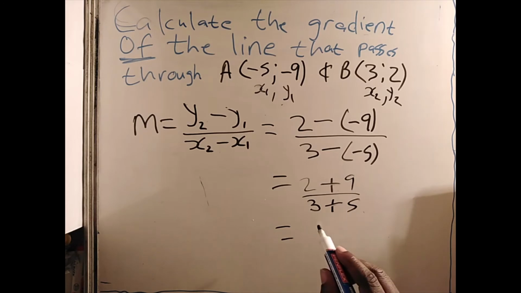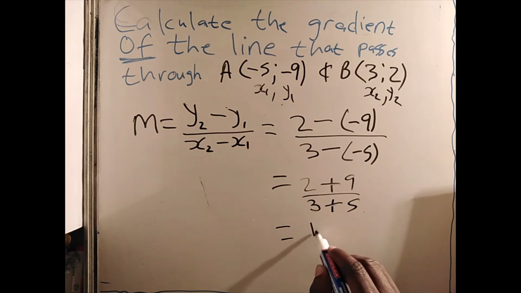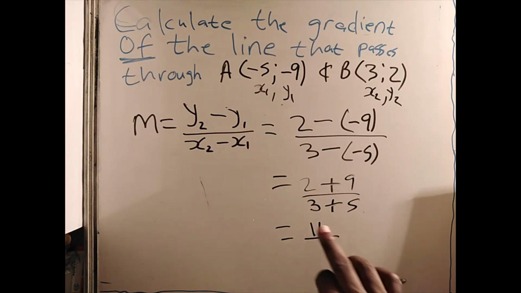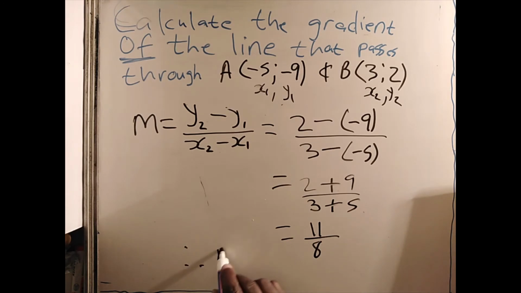You're going to get 11, and then divide by 3 plus 5, which is 8. So m is equal to 11 over 8.